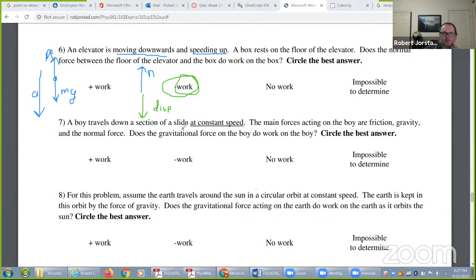Now, in this one, constant speed, that tells me that delta K equals 0. But who cares? Is the gravitational force doing work on the boy? You bet. Right? So if you view this, here's a box, here's a slide, right? There's a normal force, there's mg, and then there's friction.